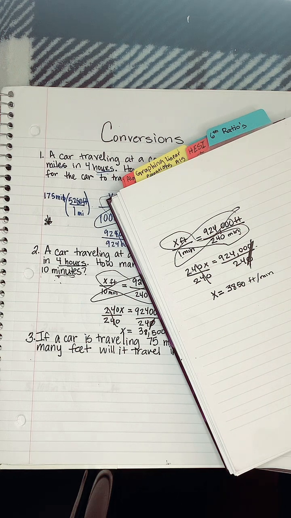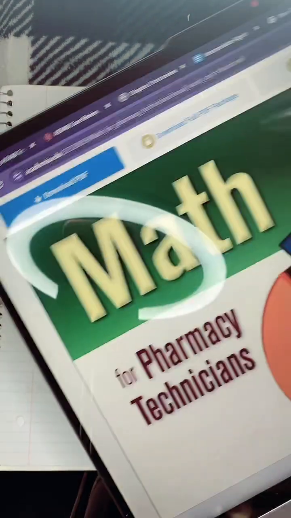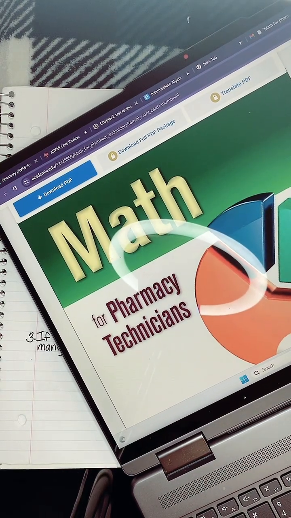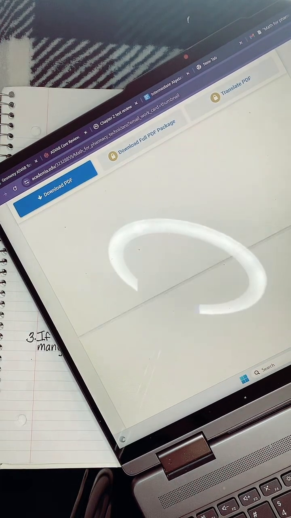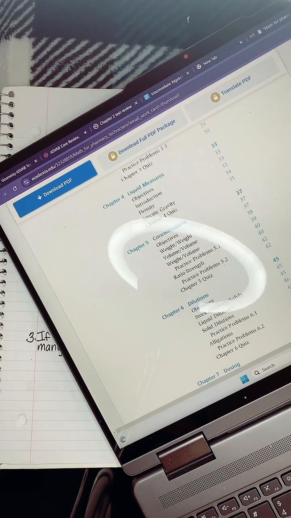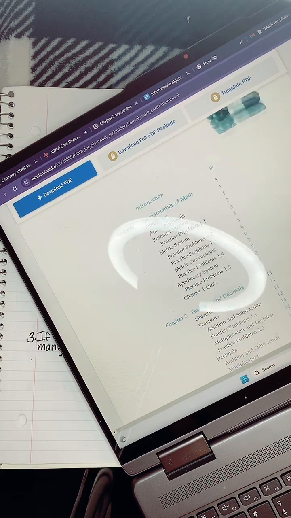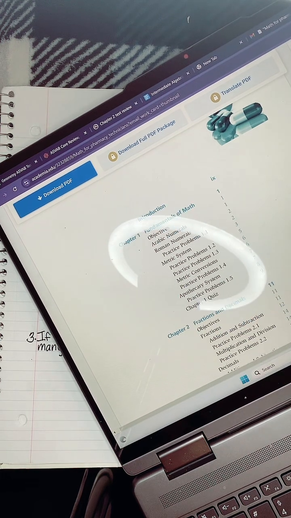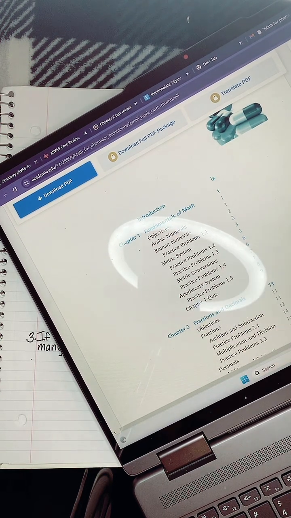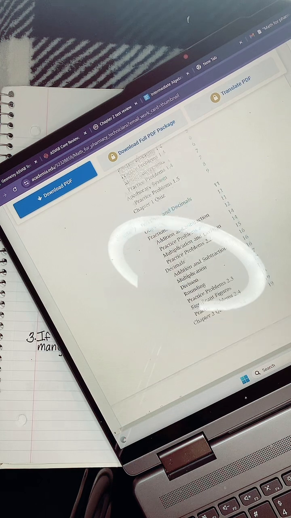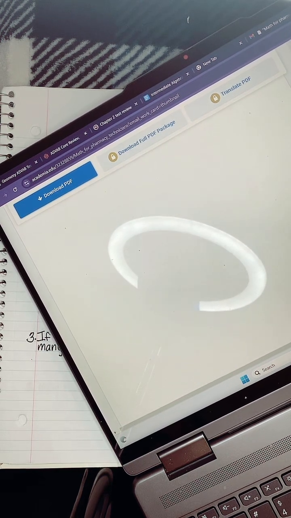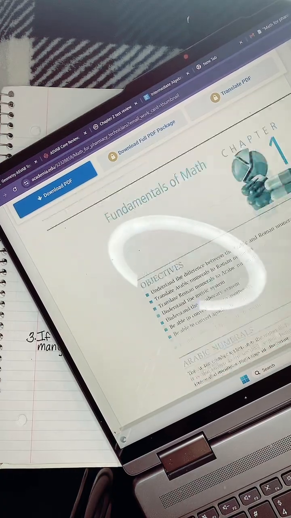So I'm going to put my laptop down. This is the book, Math for Pharmacology. That's the book that I use, okay? And it goes over, as you can see, everything. Fundamental math, metric system, fractions, decimals. I mean, this book is beautiful.